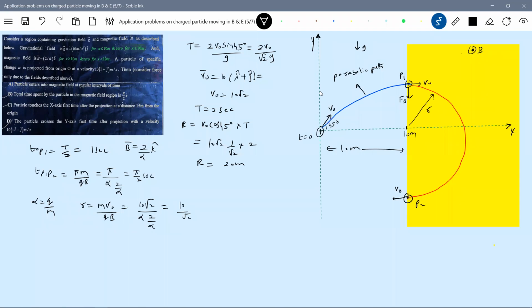15 meters, 5 meters. Option C is also given. Can anybody check where I'm going wrong in the calculation? The speed of projection is telling the radius is 5 meters, but we are getting something else.